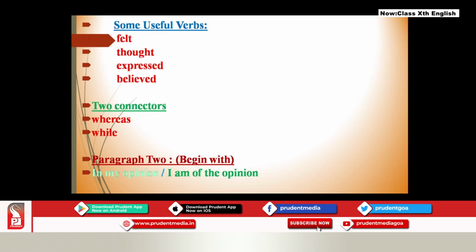Felt, let us use for slice 1. Thought, let us use for slice 2. Expressed, let us use for slice 3. Believed, let us use for slice 4, or any mix. So these are some of the useful verbs I would like to share with you.